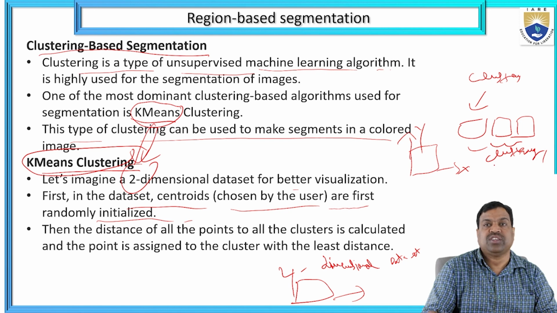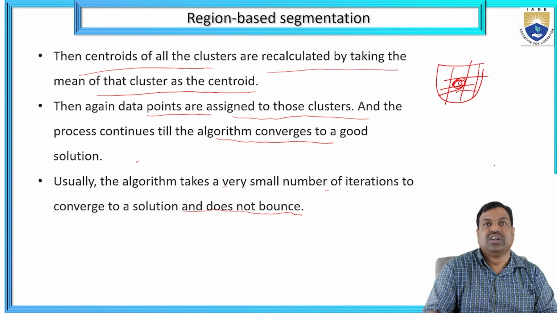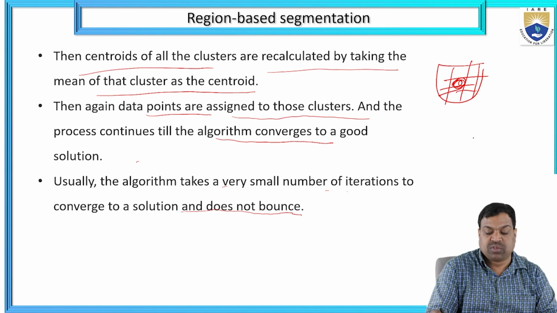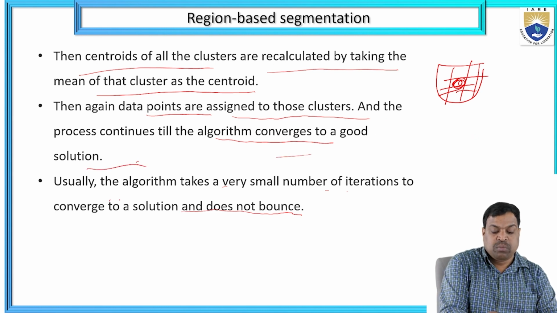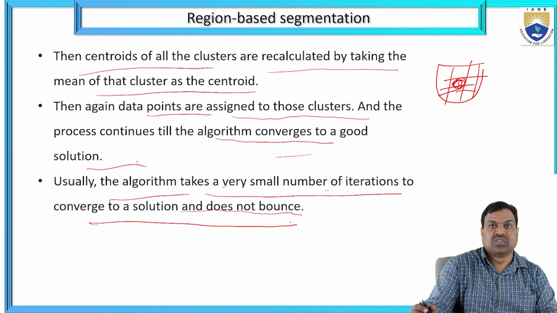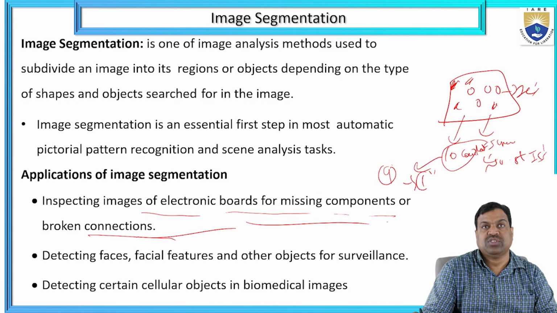The points are assigned to the cluster with the least distance, and the centroids of all the clusters are recalculated by taking the mean of that cluster as the centroid. The data points are assigned to those clusters, and the process continues till the algorithm converges to a good solution. The algorithm takes a very small number of iterations to converge to a solution.